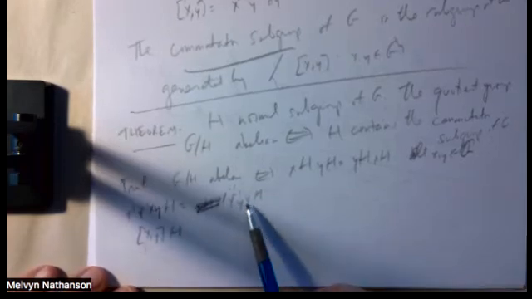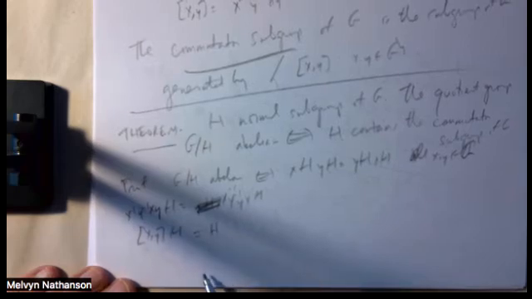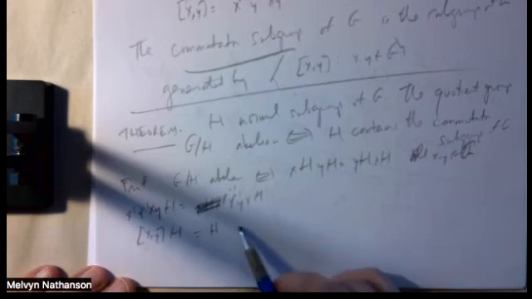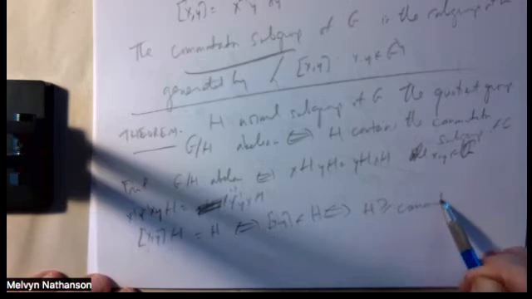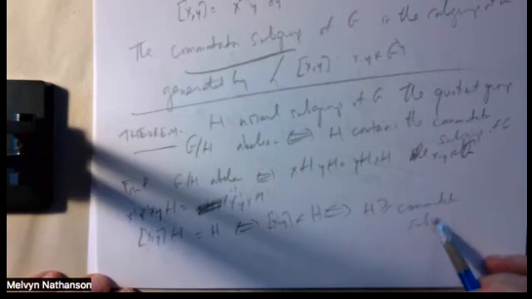So what I have over here is the commutator of X and Y times H, this left coset. The Y's and the X's cancel, equals H. So the left coset of H equals H if and only if this element, the commutator of X and Y, is in H. So this says that the quotient group is abelian if and only if H contains every commutator, which is the same as saying H contains the commutator subgroup of G.